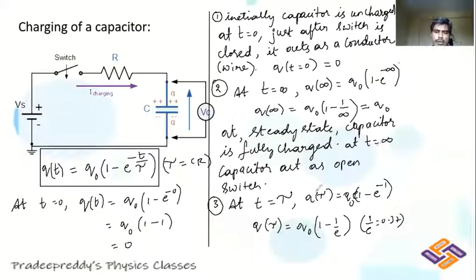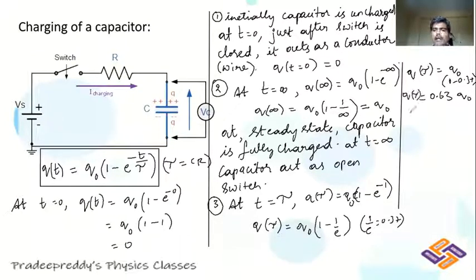So you can substitute that 1 by e value over there so that you get Q of tau is equal to Q naught into 1 minus 0.37, which is equal to 0.63 times Q naught.